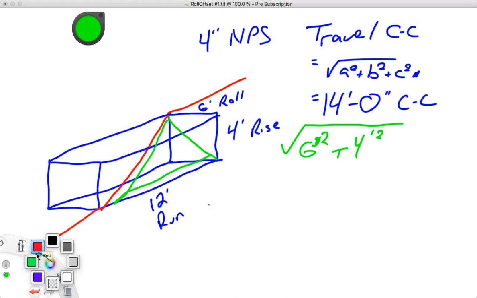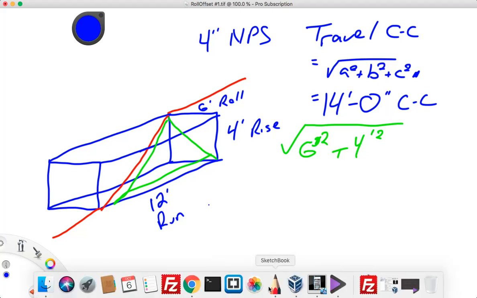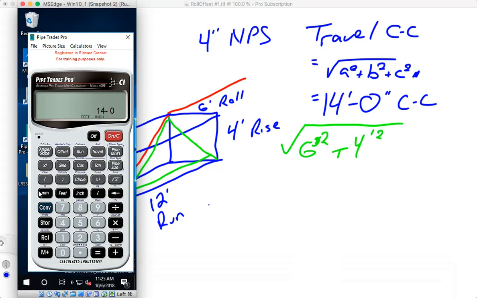Let me go back to the calculator. Clear it out. 6 feet squared plus 4 feet squared equals, and the square root, 7 foot 2 and 9/16.